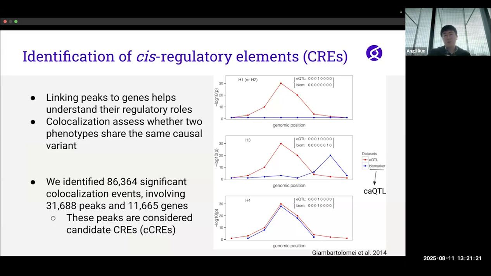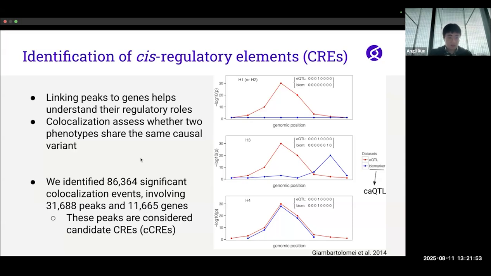So there are multiple scenarios. In the first scenario, you see a strong signal in the eQTL, which means that genetic variants are associated with the gene expression, but there's no signal in the caQTL. At the same time, you will see some distinct peaks from the eQTL and caQTL. What is really interesting is this H4 scenario, in which the caQTL and eQTL signals overlap perfectly, and this usually indicates that they share the same causal variant.